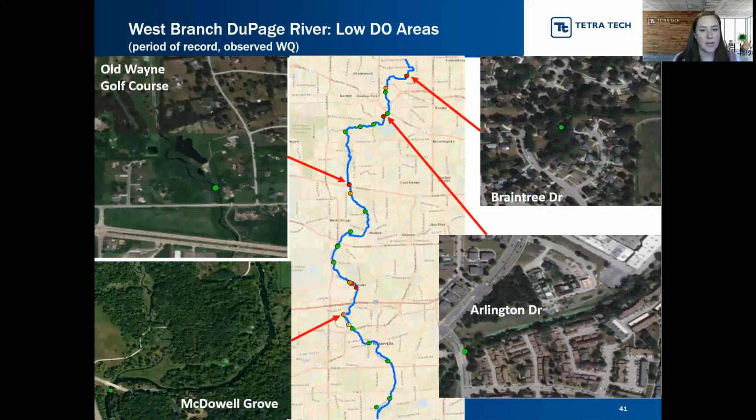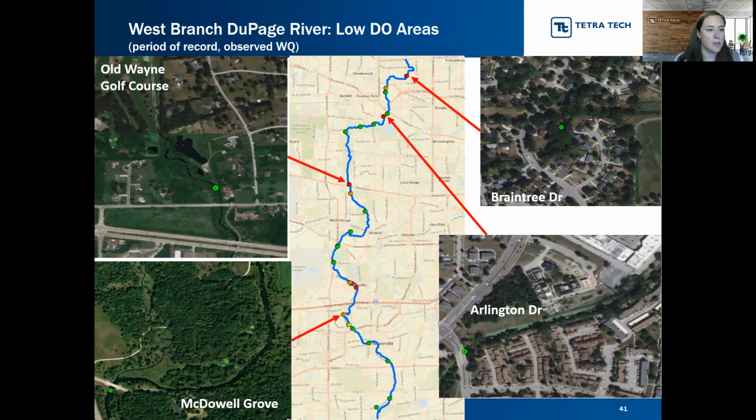And for the West Branch, I also wanted to point out some of those areas that I've colored here as red that had some of the highest percentage of observations that were low dissolved oxygen, excursions or exceedances of the numeric standard.